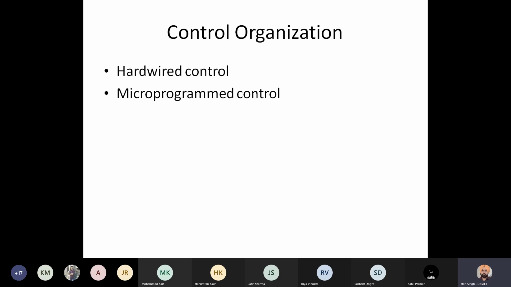Further, we will make a detailed comparison at the end of this topic, because after discussing hardwired control and microprogram control, we can make a better comparison. First of all, in our last lecture we were discussing hardwired control, so let us make a summary of that lecture.